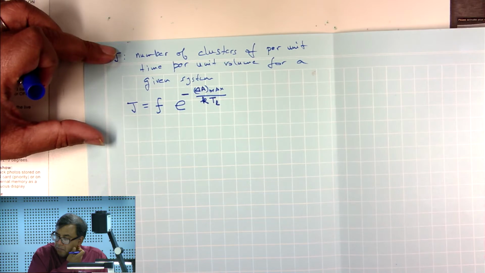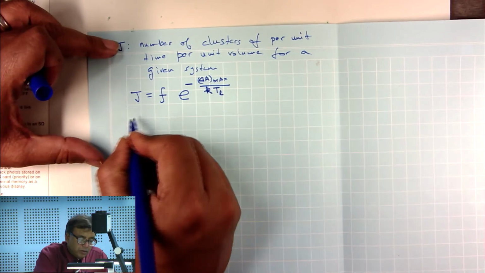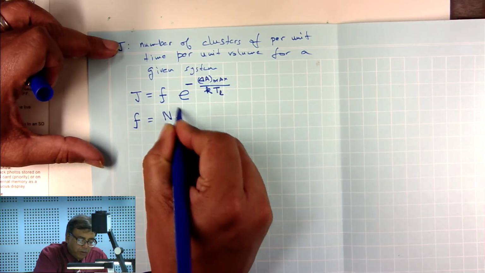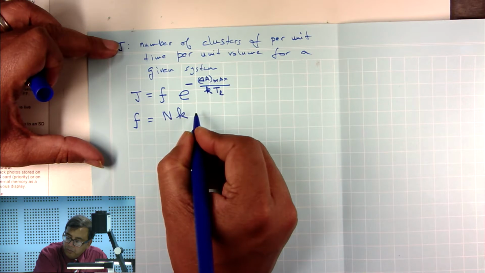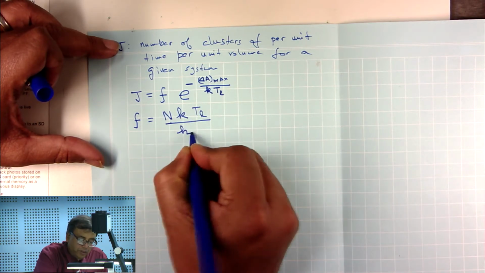Okay. And the distribution for f he gave was n times k times TL divided by h.